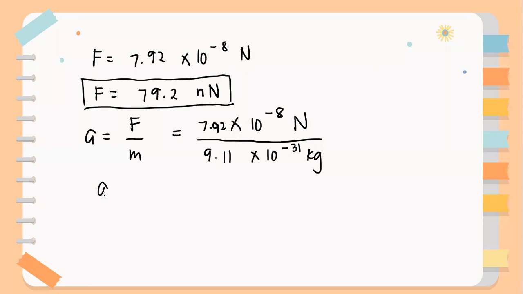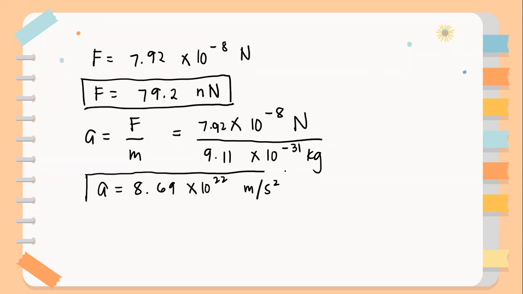Okay, the acceleration now is equal to 8.69 times 10 to the 22 meter per second squared. Remember that newton is kilogram meter per second squared. Therefore, we can cancel the kilogram. Then the unit would be meter per second squared.